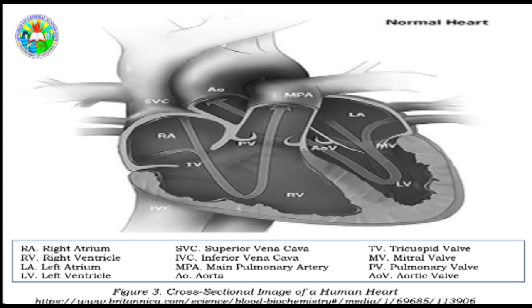Then it will pass the tricuspid valve and enter the right ventricle. When already in the right ventricle, the blood will continue to flow to the main pulmonary artery and be driven off to the lungs to get oxygen.